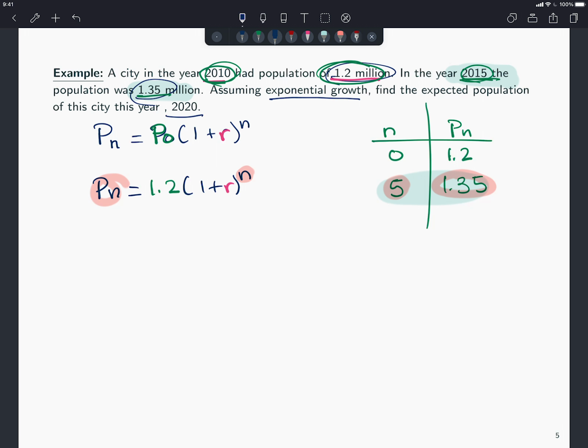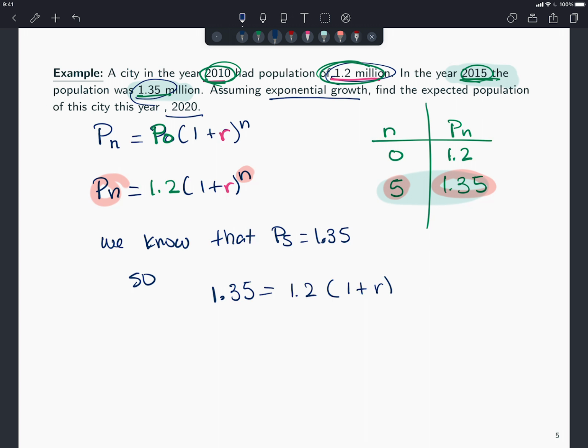So I'm going to use the one I know, that P5 is 1.35. Or another way to say it, P is 1.35 when n is 5. So we can use that 1.35 is going to be 1.2 times 1 plus r to the 5, right?